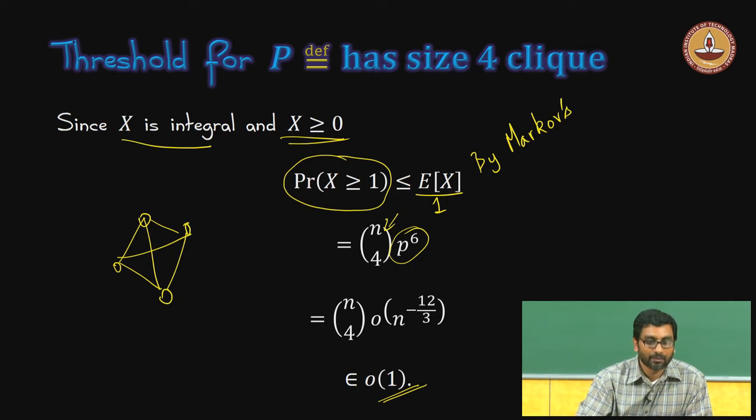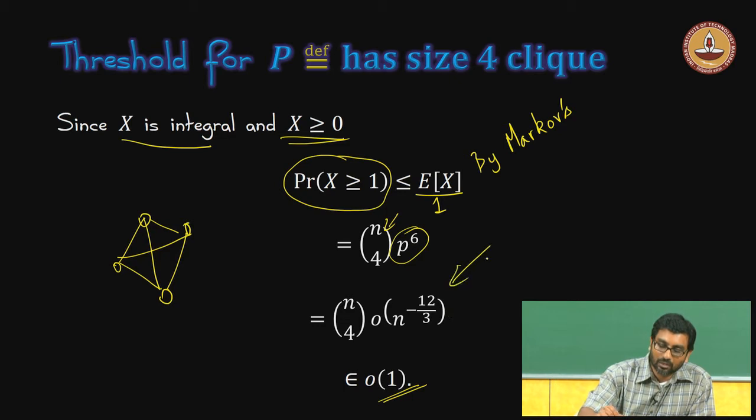And that is why you have p to the 6. And we know in this case we are in the case where the p value is little o of n to the minus 2 by 3. And p is raised to the power 6.